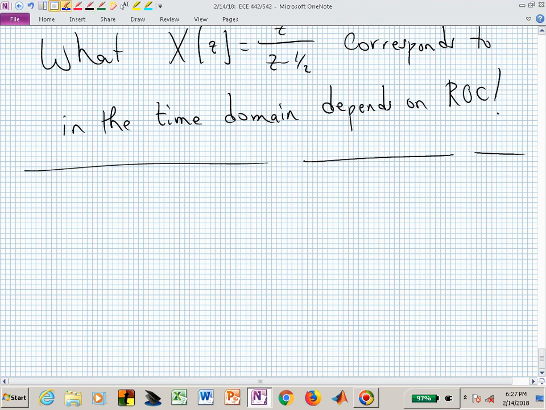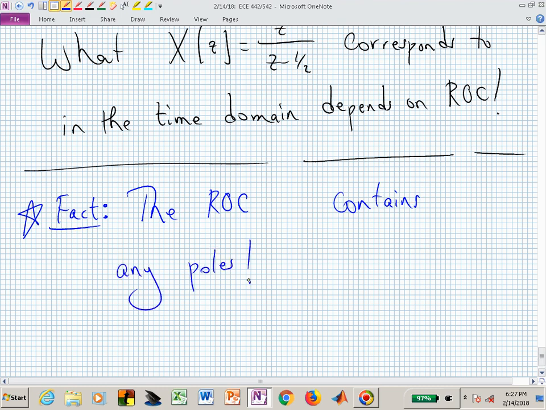And the other fact that you need to remember is how the region of convergence areas or patterns are related to the poles. The region of convergence blank contains any poles.